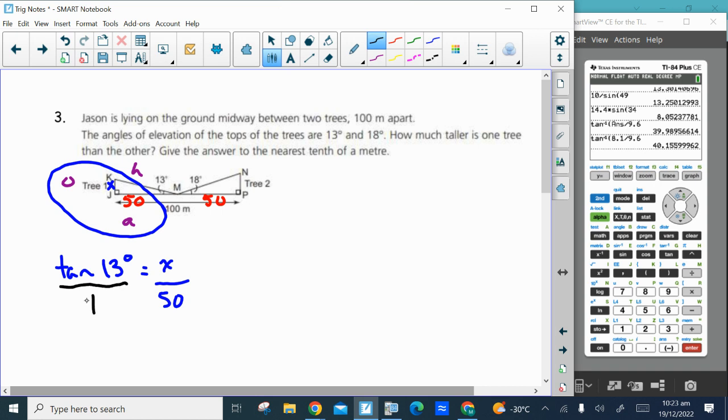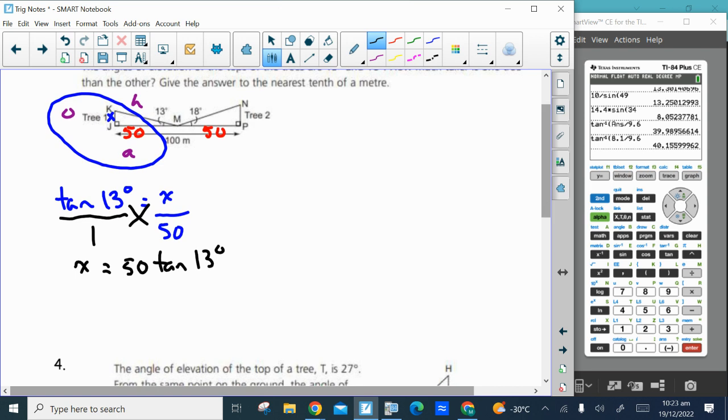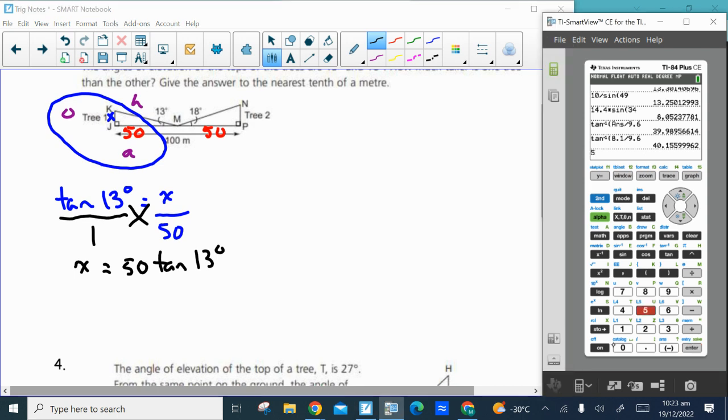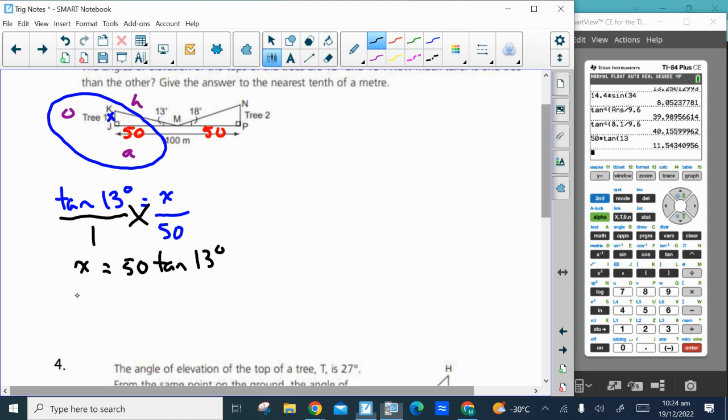I'll make both sides a fraction so I can cross multiply. 1 times X equals 50 times the tan of 13 degrees. So when you cross multiply, you have X by itself, so we can just go straight to our calculator and multiply 50 by the tan of 13, which is 11.5 meters, because that is the unit for the adjacent side.